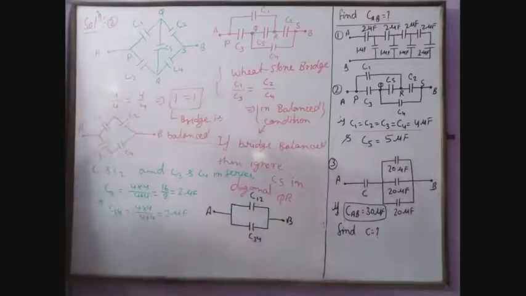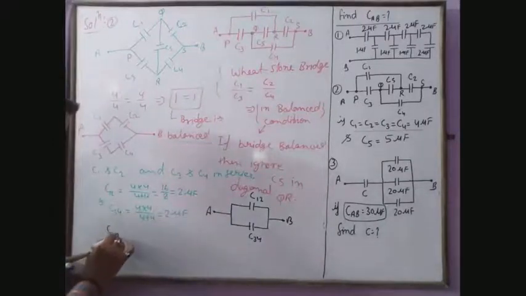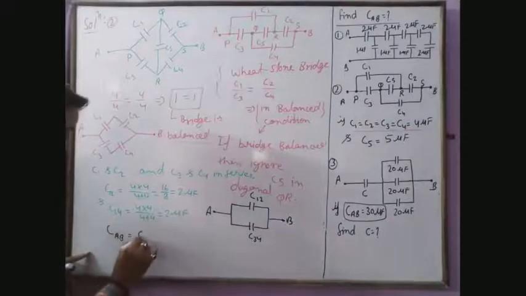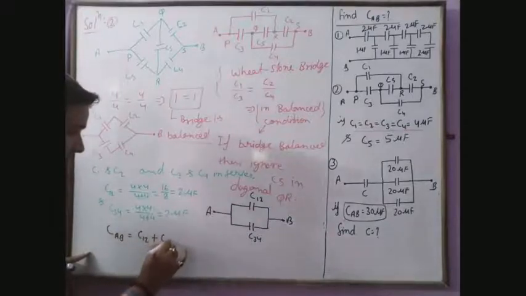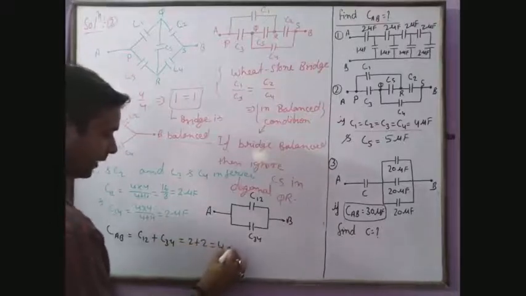Now the two are in parallel, so we calculate CAB is equal to C12 plus C34, which is 2 plus 2, that is 4 microfarad.